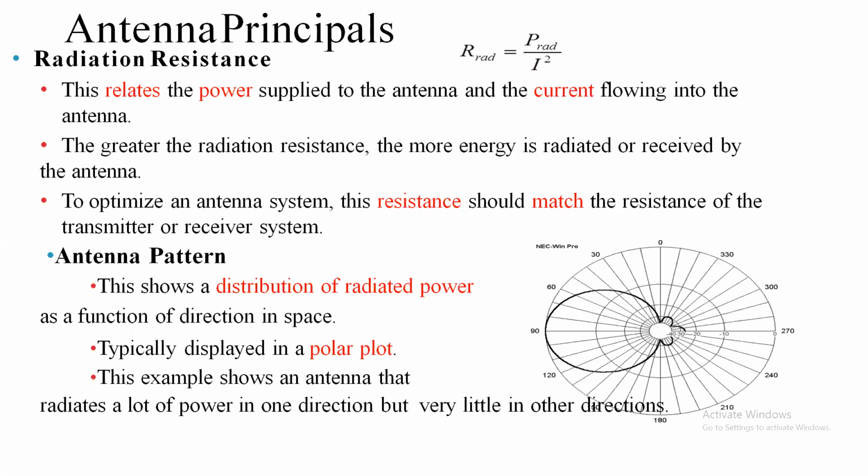That means if the resistance is high, and the power is directly proportional to the resistance based on this formula, the energy radiation is more and also the energy received by the antenna.